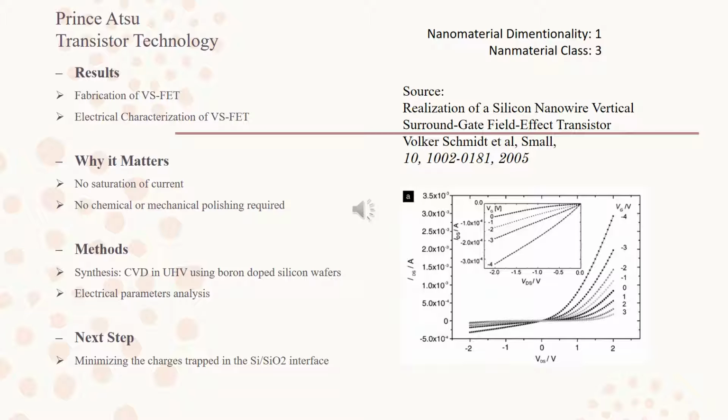Silicon dioxide was used as a substrate, which was p-doped, and then silicon nanowires, which are n-doped, were grown on the substrate.